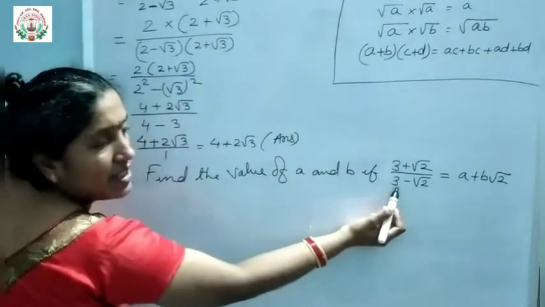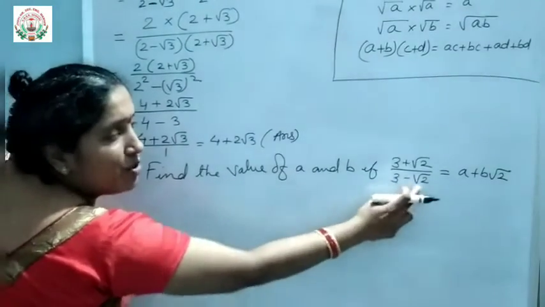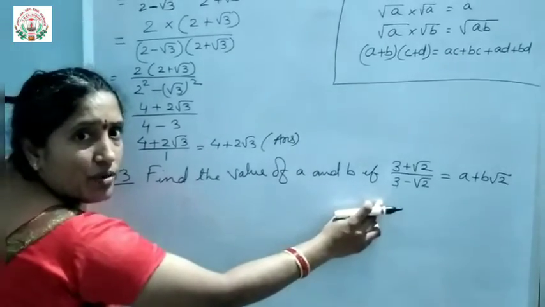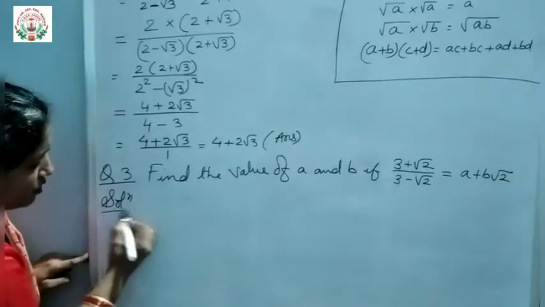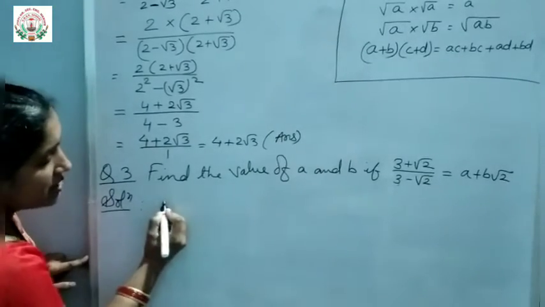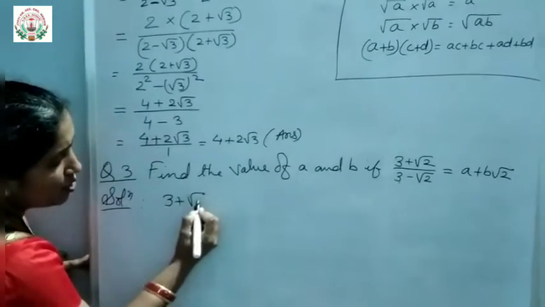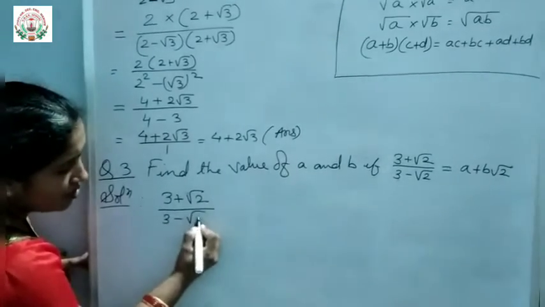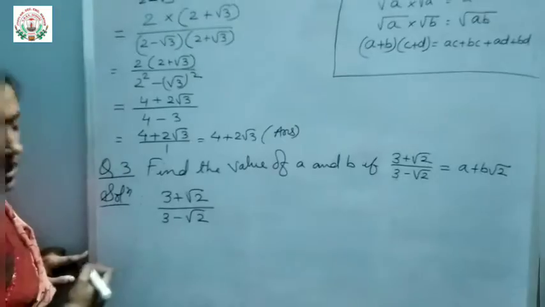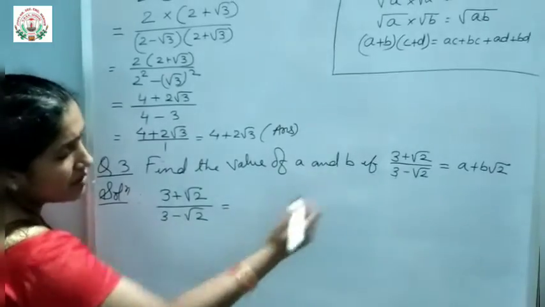Okay, so we will rationalize this because you can see here in the denominator we have what? An irrational number. Okay, so now our solution, what will it be? Solution equals, what is that? First 3 plus root 2 upon 3 minus root 2. Clear? Which equals what?